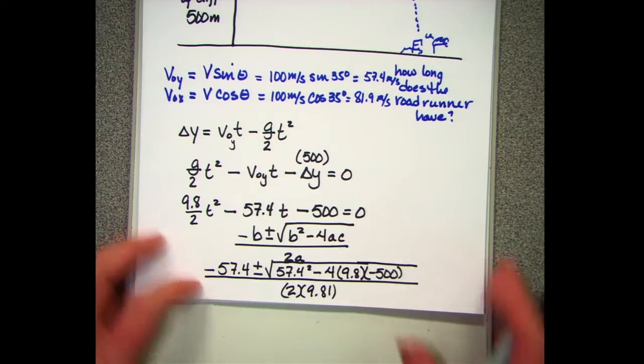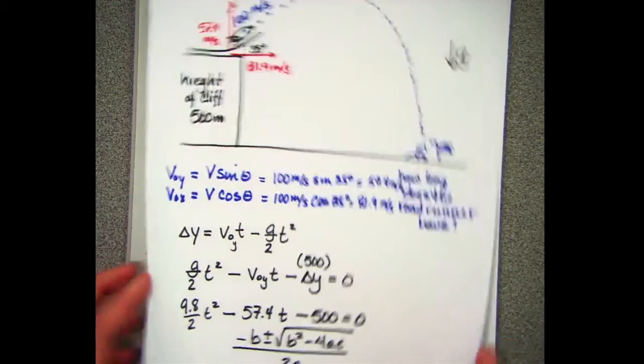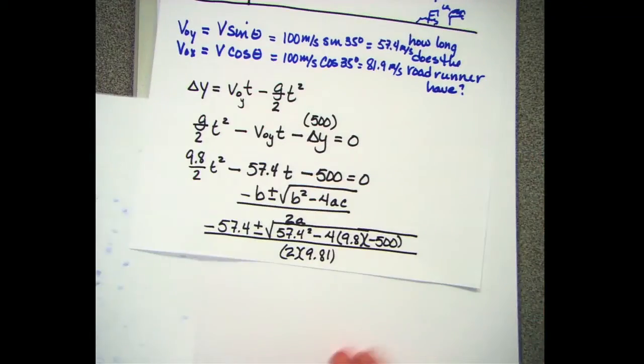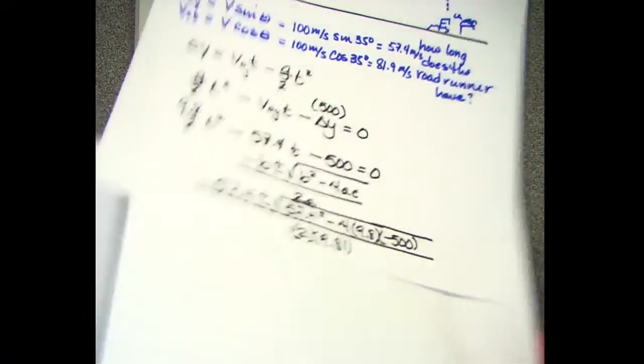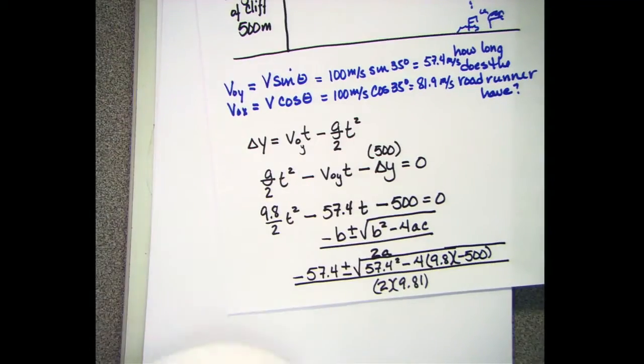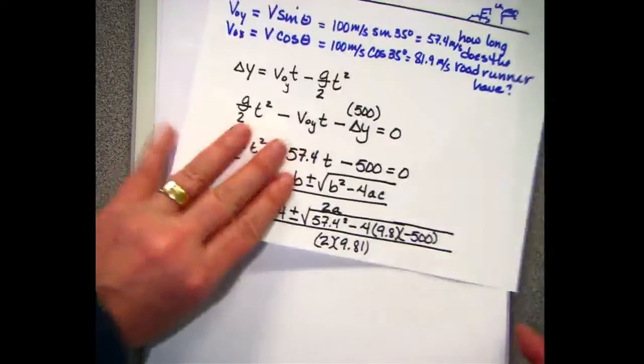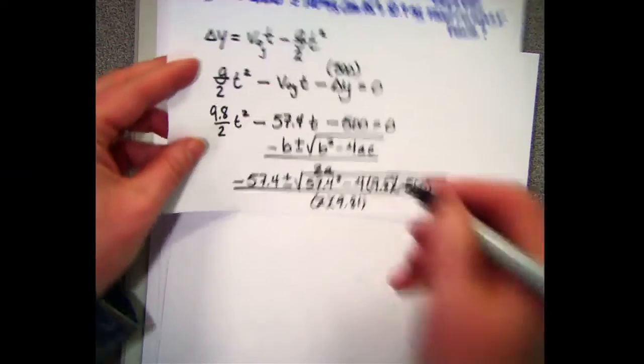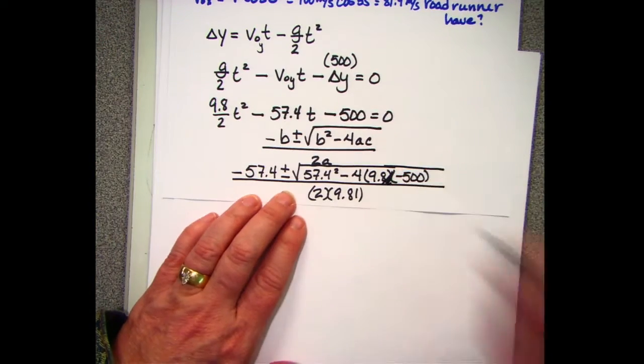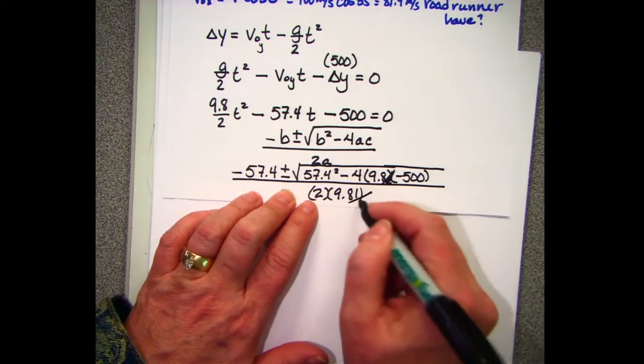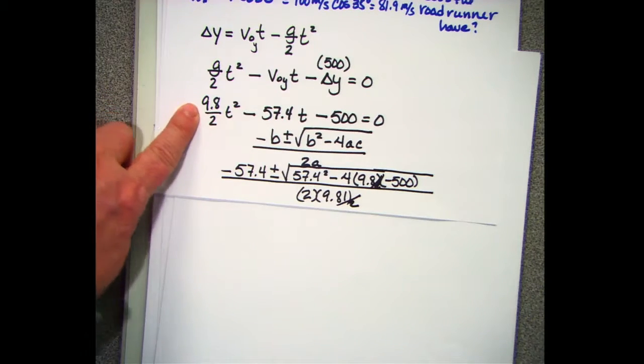And now it's a plug and chug into the numbers. So let's plug and chug. Oops, I forgot a 2. There should be a 2 there. 9.8 divided by 2, because my a is 9.8 divided by 2.